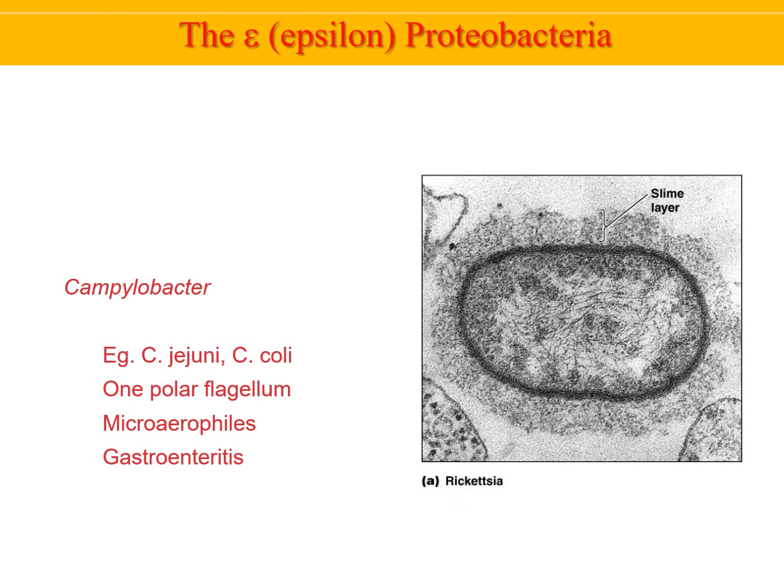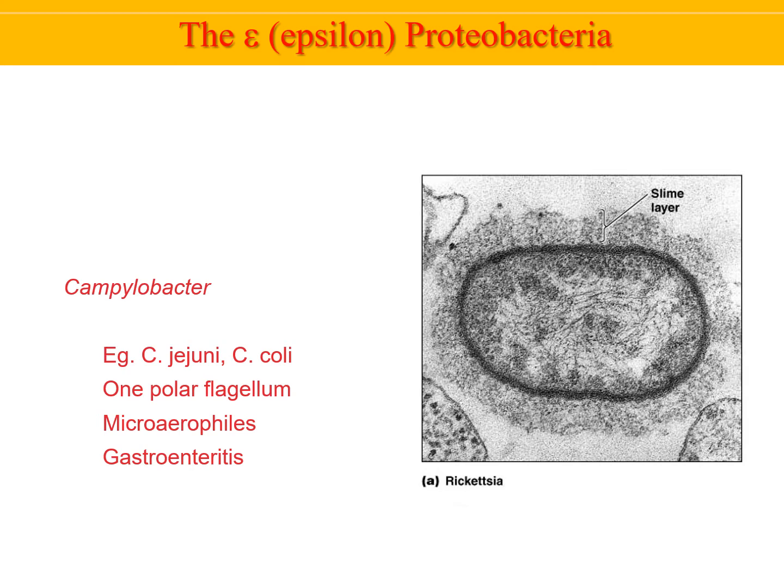These are organisms which require oxygen, but at a lower level than what is typically found in the atmosphere. And so they're called microaerophiles, and they live in the gut.